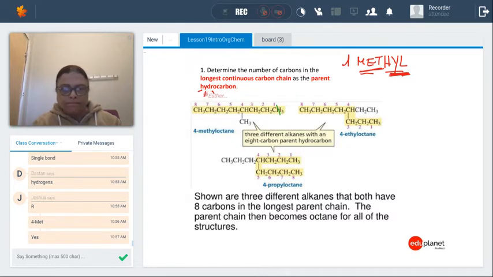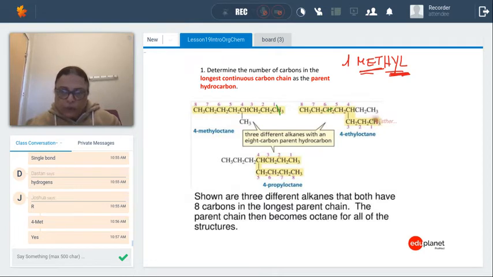All righty. So what about the molecule here on the right? It doesn't matter if the straight line is drawn like this or bent. You look at the number of carbons in a row.